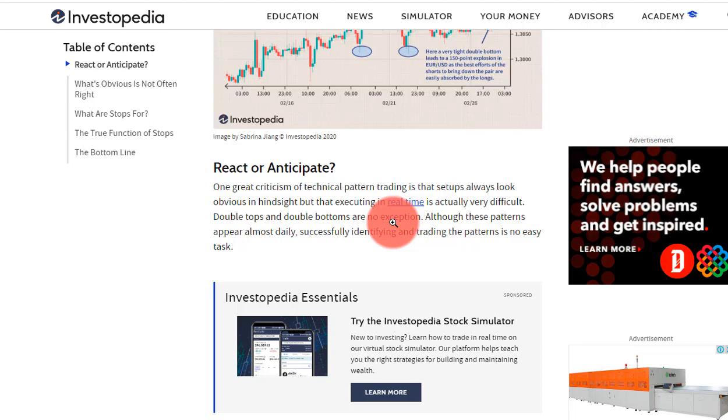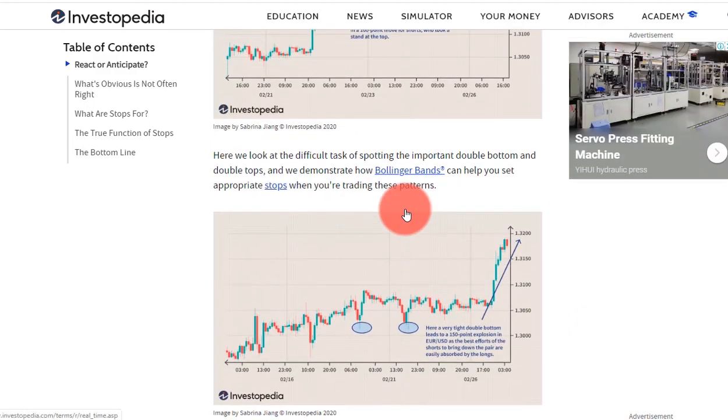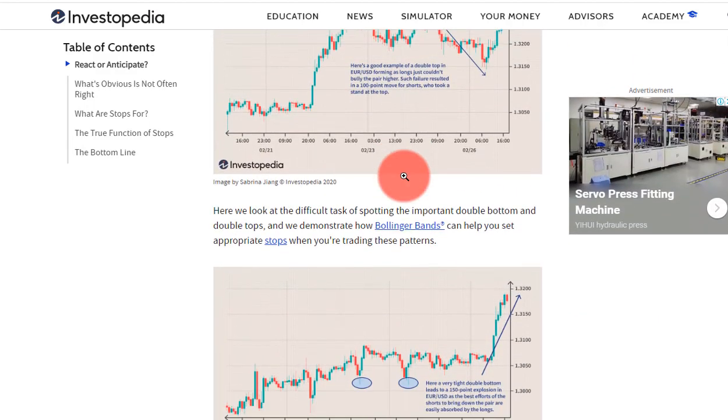A lot of people move the market, especially in crypto, where you have whales who act on predetermined price levels.